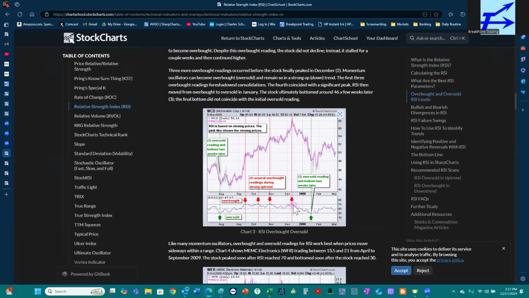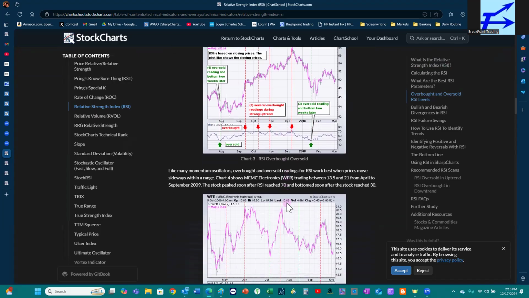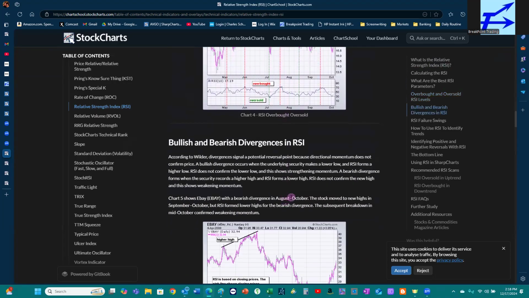So it's not relative to other things like the S&P or some other index. It's relative to its own data. Back 14 days, it will plot whether or not it is stronger or weaker than the last 14 days.